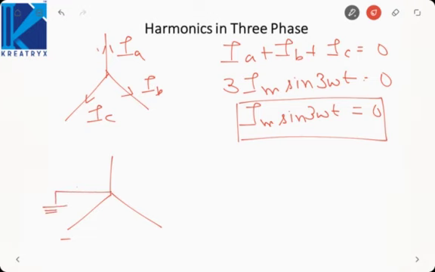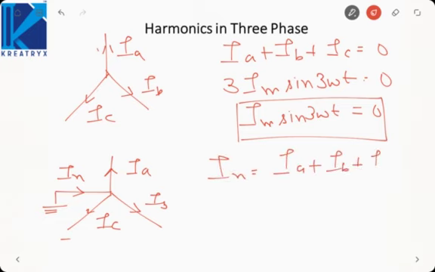Suppose I connect the neutral to ground. Now In will be equal to Ia plus Ib plus Ic, which is equal to 3 Im sine 3 omega t.